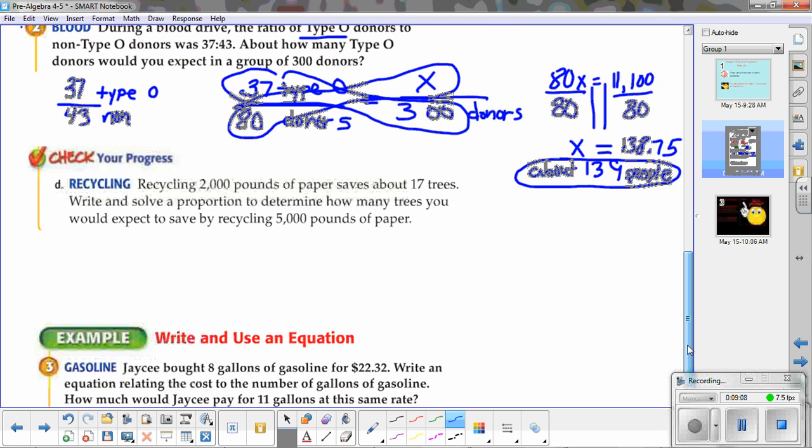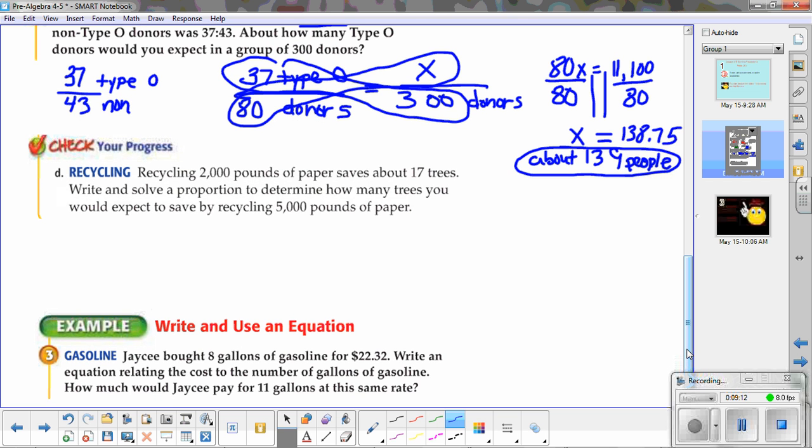All right, you can pause the video and try the next one on your own if you would like. Recycling 2,000 pounds of paper saves about 17 trees. Write and solve a proportion to determine how many trees you'd expect to save by recycling 5,000 pounds of paper.